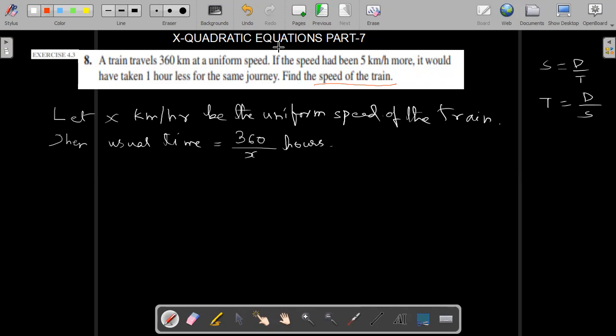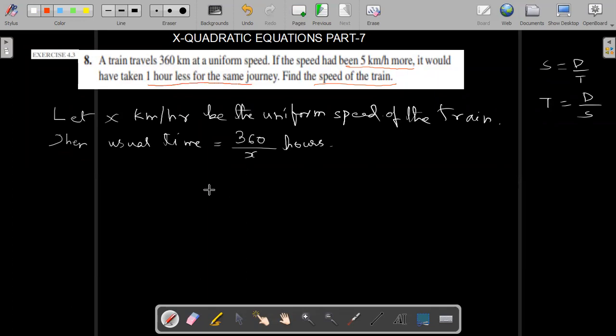But the question says if the speed had been 5 kilometers per hour more, that means speed is increased, so obviously the time will decrease. It will take 1 hour less for the journey.